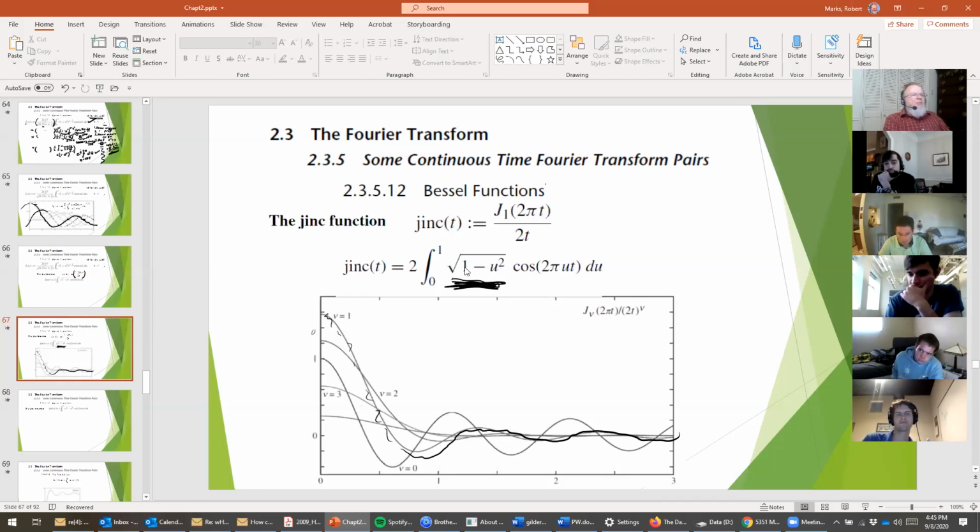It's a 1 minus u squared. You can see we can manipulate this, right? We can make it from -1 to 1 and then put the e to the j2 pi here. So we can manipulate it. So it's kind of like the Fourier transform of 1 minus u squared. You know what that is? What's 1 minus u squared? What's it equal to at 1?